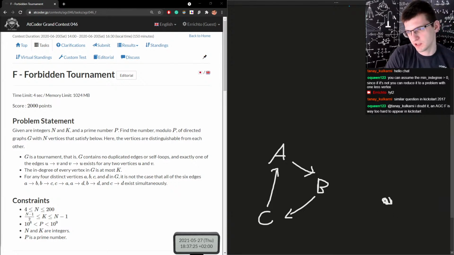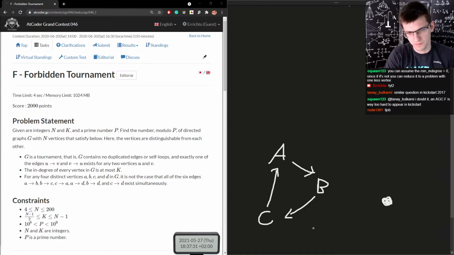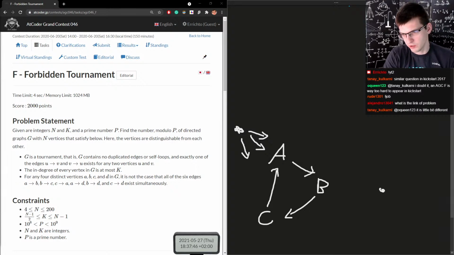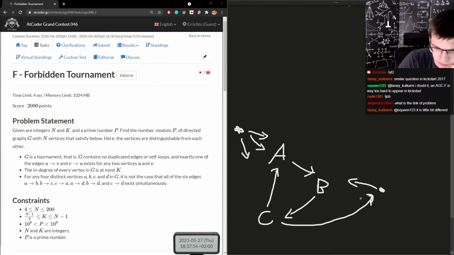What we know is that for any fourth vertex here, it's not that all the edges are like that. So either this vertex is strictly before everything, then sure, I don't mind you. Or if it's here, then if there is an edge like that, then there is also an edge coming back, and we have a new triangle.